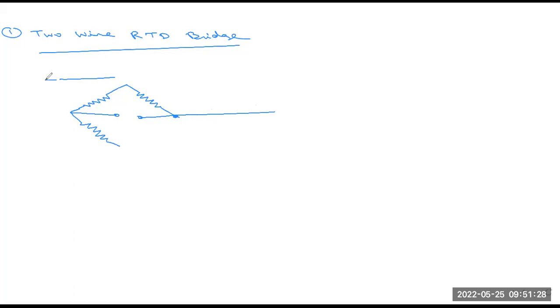Just like this type, this is connected to this one, and another point is connected from here.